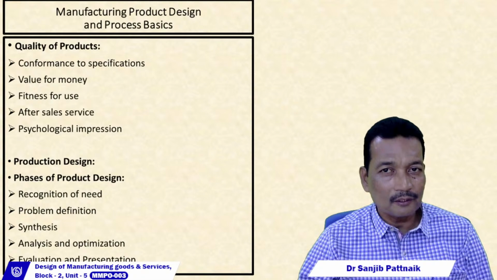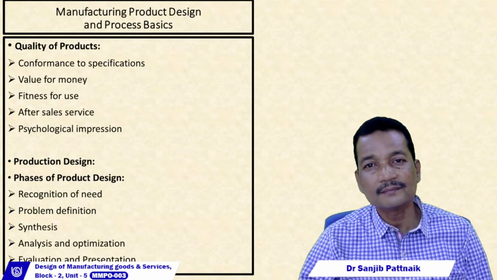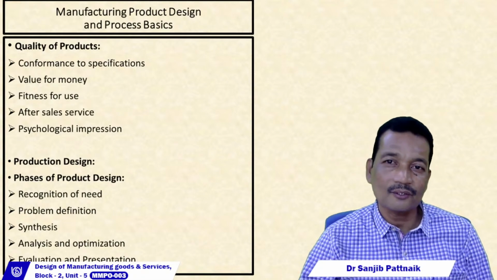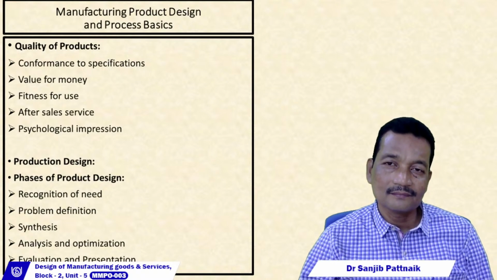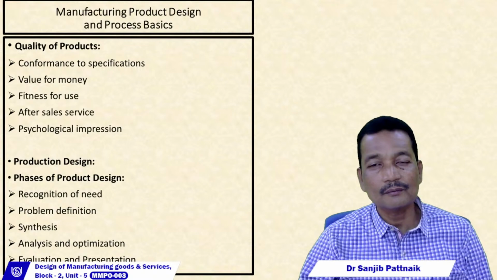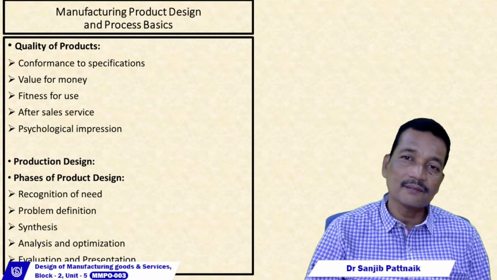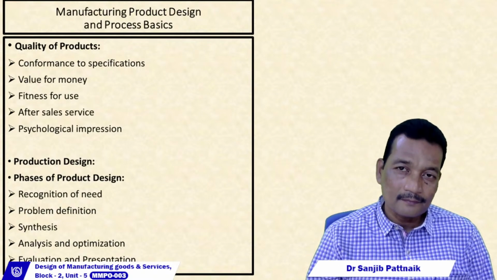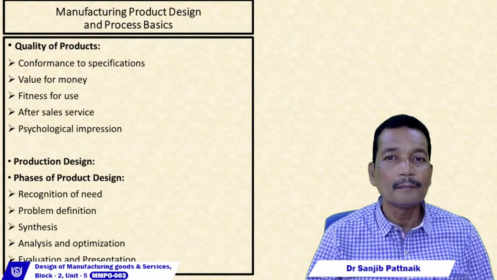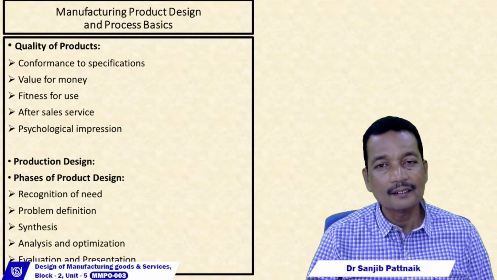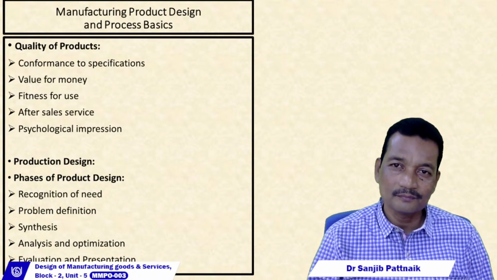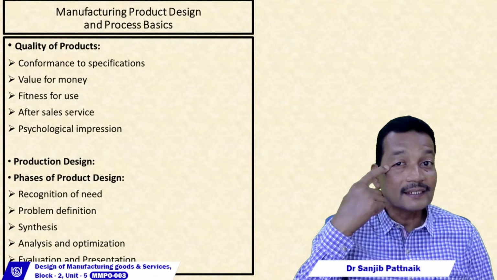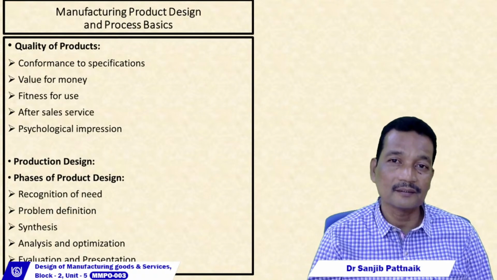Another example all of us can think of is a product called safety pins. All of us will be astonished to know that safety pins have been in the market since their inception centuries ago, and still they are needed by the customer.